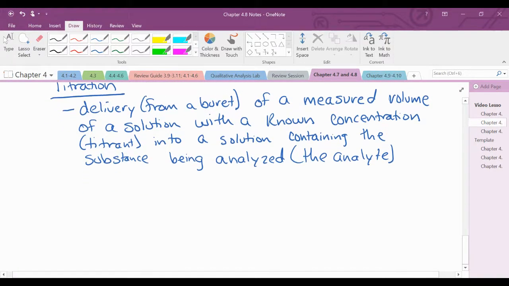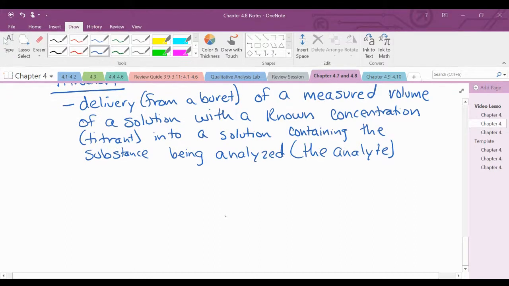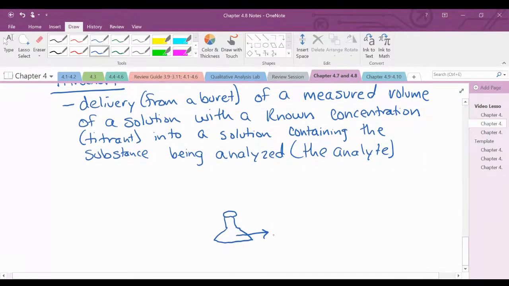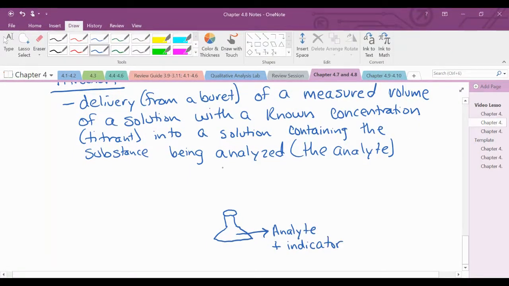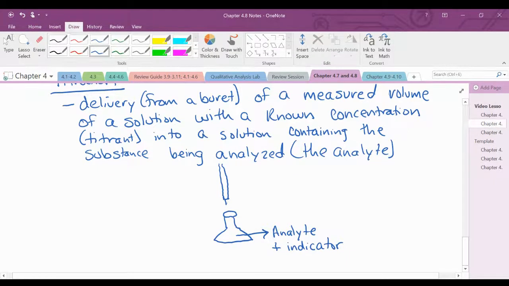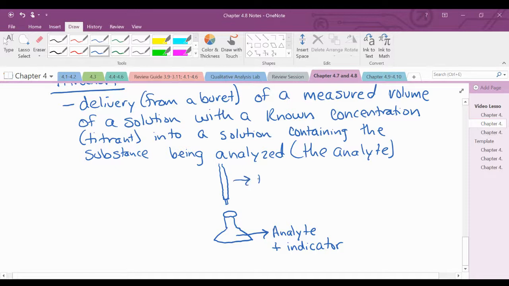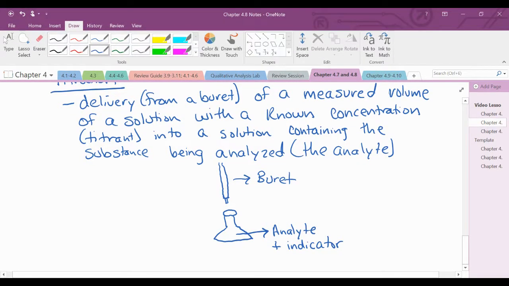And so if I draw a little picture, and I'm not great at drawing pictures, you would have your flask. And this is the analyte, plus it would have an indicator. And then you would have your burette, and this would have the titrant in it.